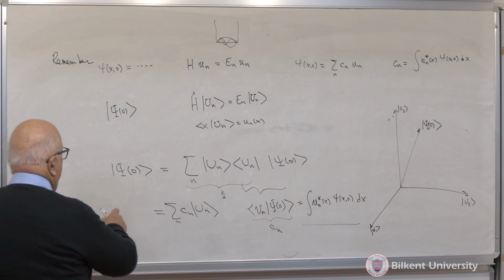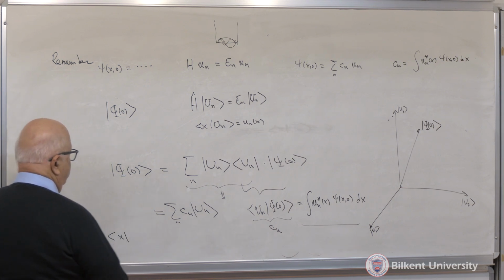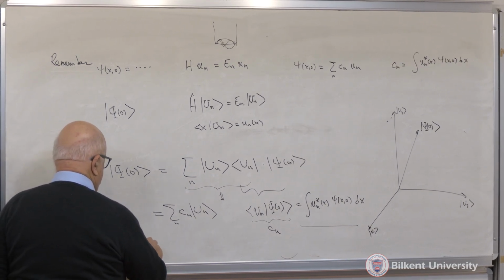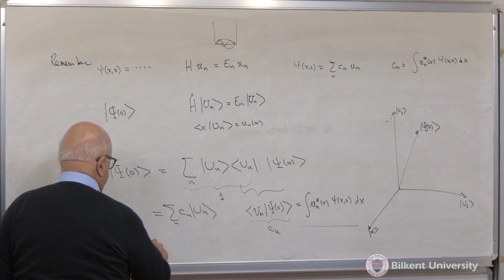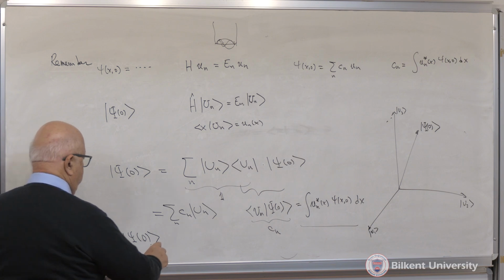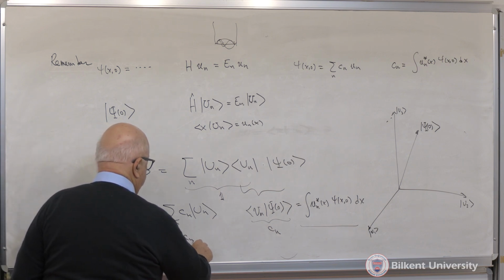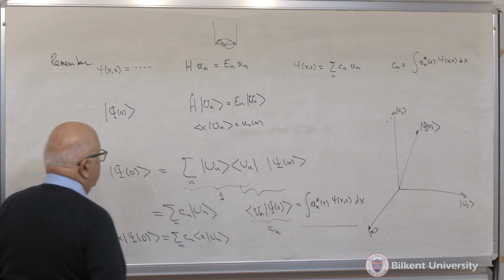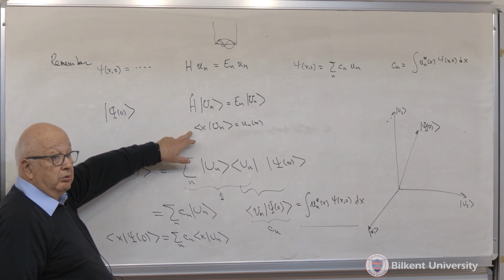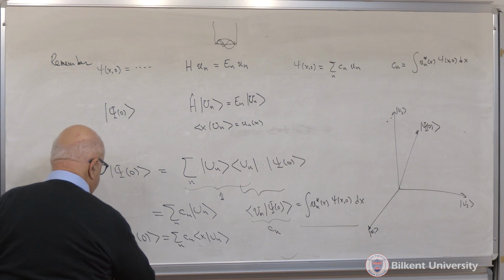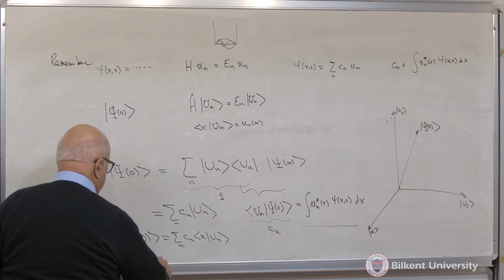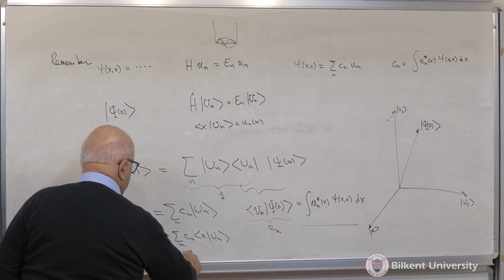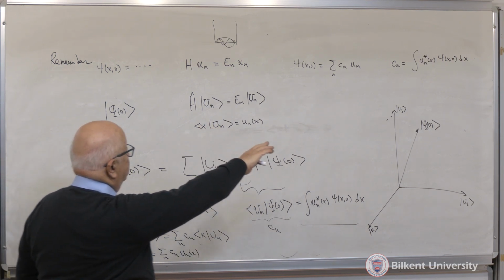So I find the x projection of these things, to the x space. So <x|psi 0> is equal to the summation over n of cn <x|un>. And those things I know are just functions. So this is just psi 0 of x is equal to the summation over n of cn un of x, exactly what I have here.